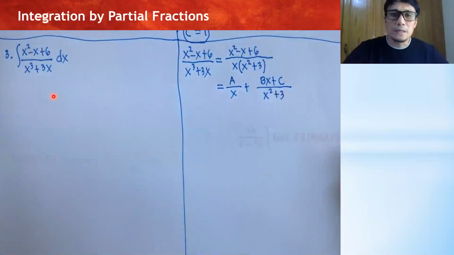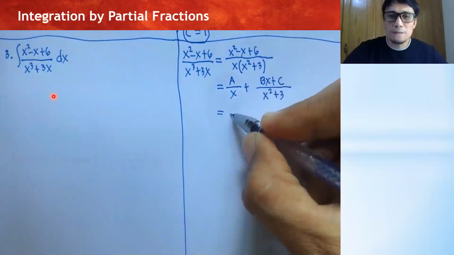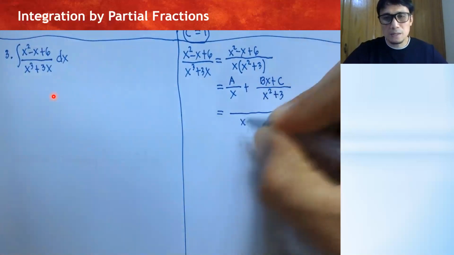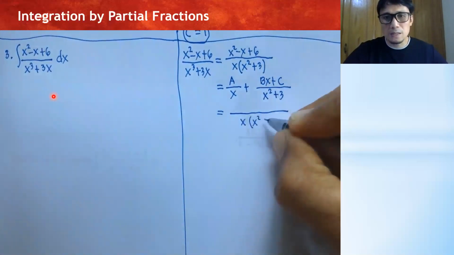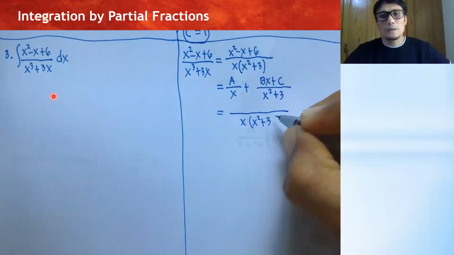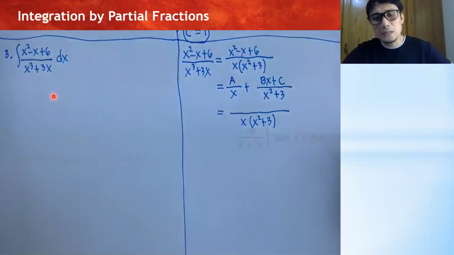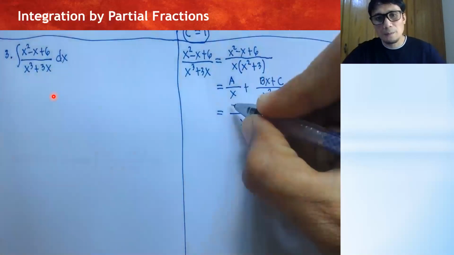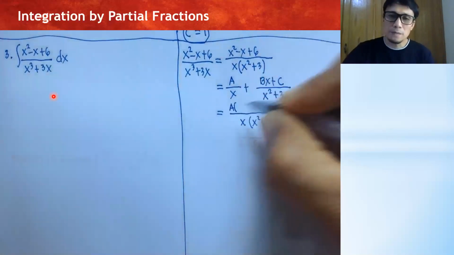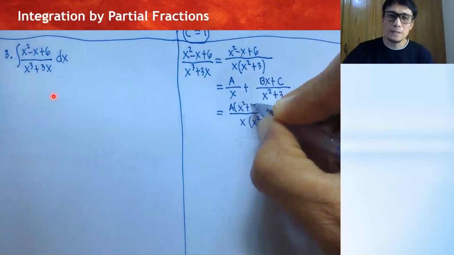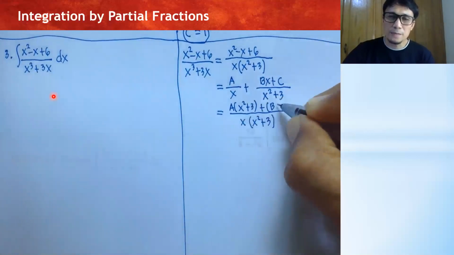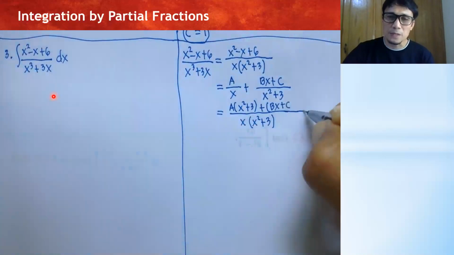And then combine that as a single fraction. So you have x times x squared plus 3. And then the numerator now becomes A times x squared plus 3, okay, plus Bx plus C times the first denominator, which is x.